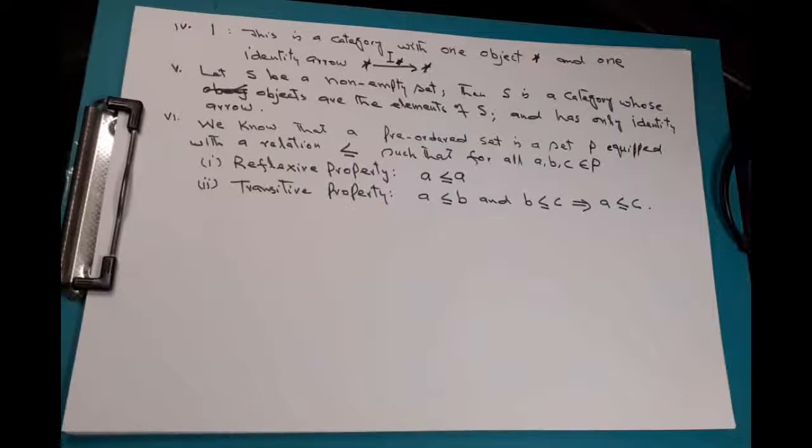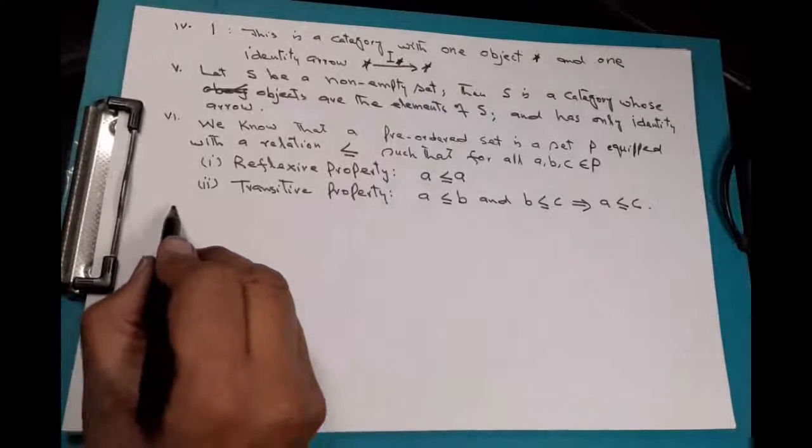If you include a third condition, which is called anti-symmetricity, then it will become a partially ordered set. But anyway, as far as we are concerned at this stage, pre-ordered set will be sufficient for us.